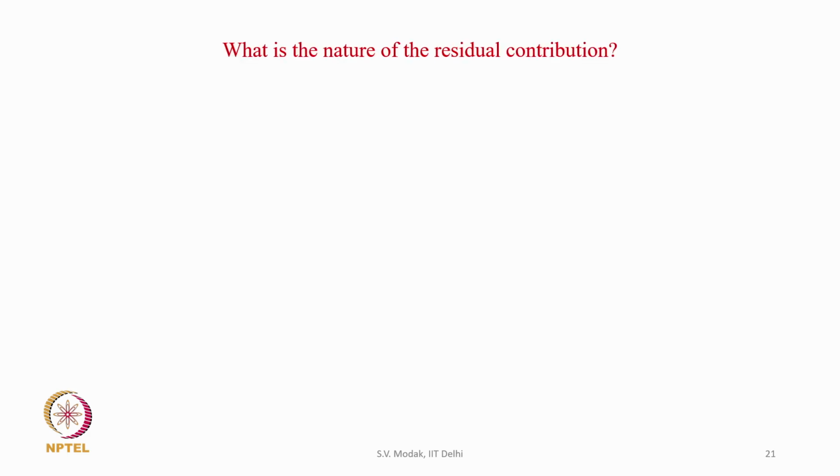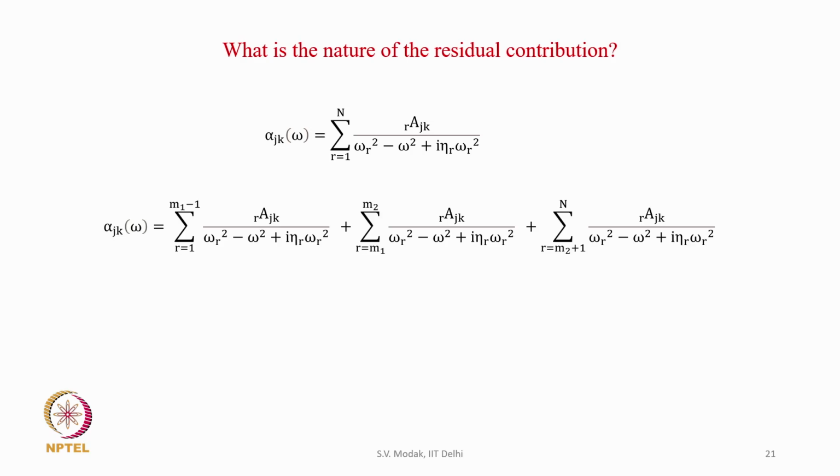So, let us look at what the nature of the residual contribution is. The FRF for a multi-degree of freedom system with structural damping is given by this expression, which shows that the FRF is contributed by the n modes of the system if the degree of freedom of the system is n. Let us say we are focusing our attention on identifying modes m1 to m2, on a frequency range which contains modes from m1 to m2.